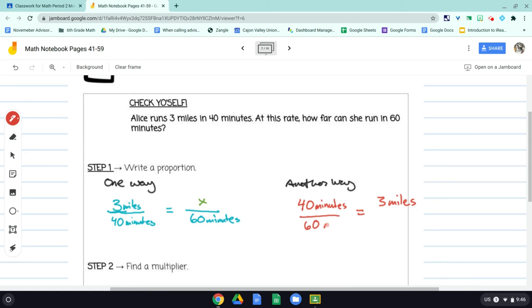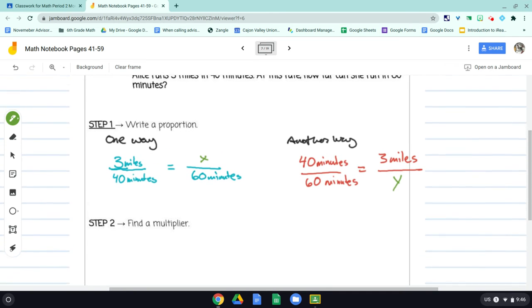If she ran 60 minutes, how many miles would that be? So we'll call that Y. Both proportions will get us to the correct answer. And it doesn't matter which way you do it. You could do it the first way or the second way. Each way would get you to the same answer.